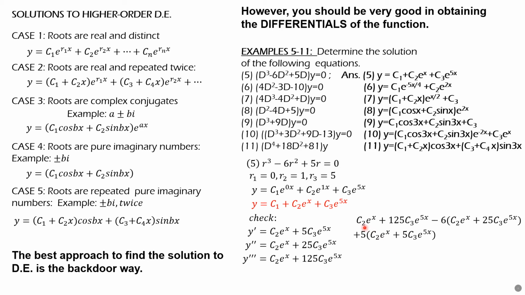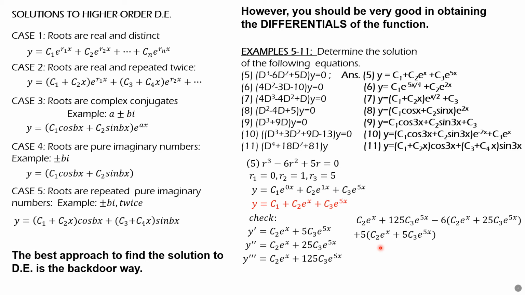So we have c sub 2 e to the x minus 6 c sub 2 e to the x. So that's negative 5 c sub 2 e to the x, and there is also 5 c sub 2 e to the x. So that means the term with e to the x is eliminated.